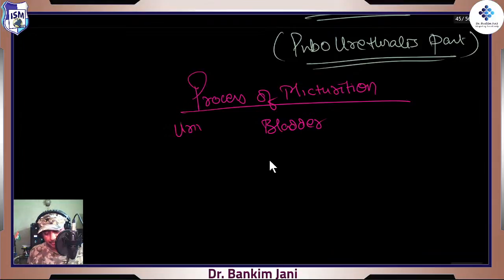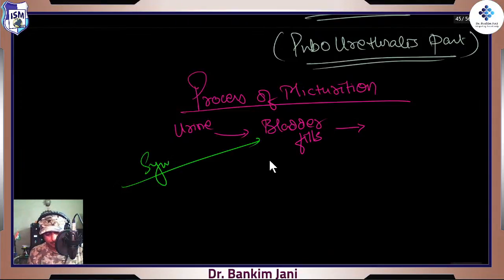Urine is coming drop by drop from both sides, both kidneys are functioning. Bladder fills. Bladder is told no, don't contract. Why? Because of the sympathetic system. The sympathetic system is telling it no, you don't have to contract, right? Relax. Just keep on filling.